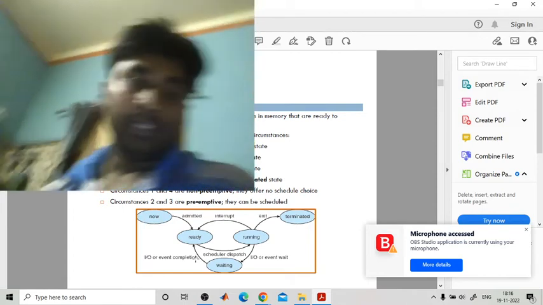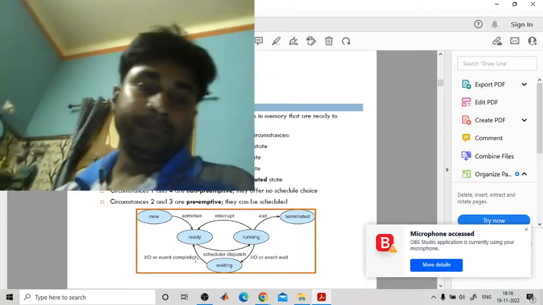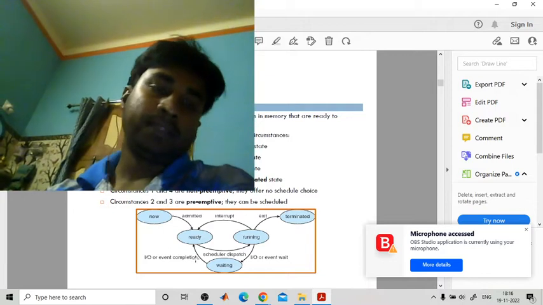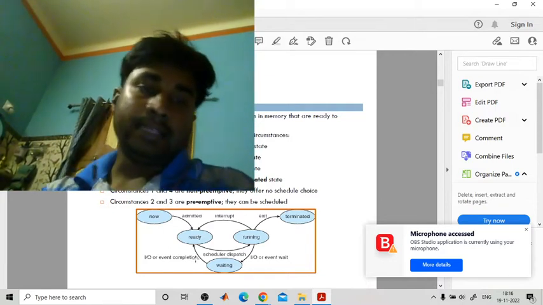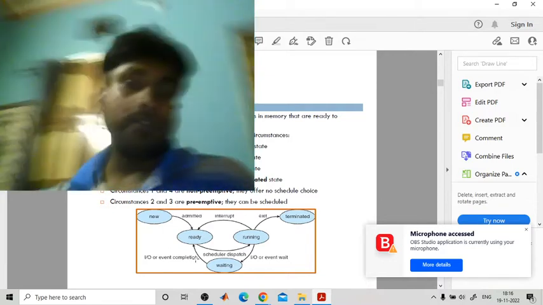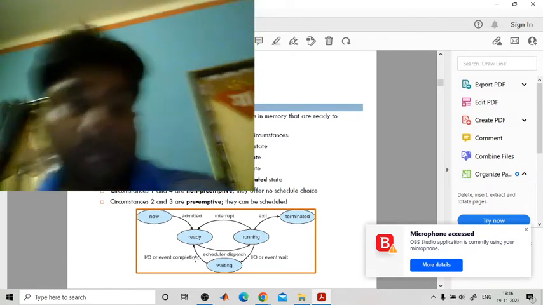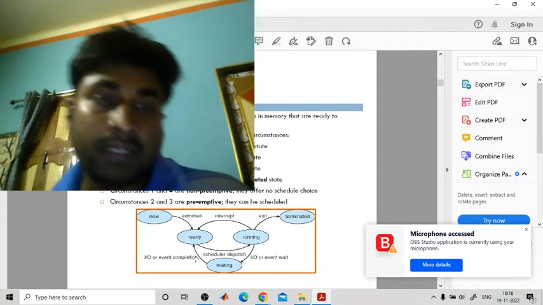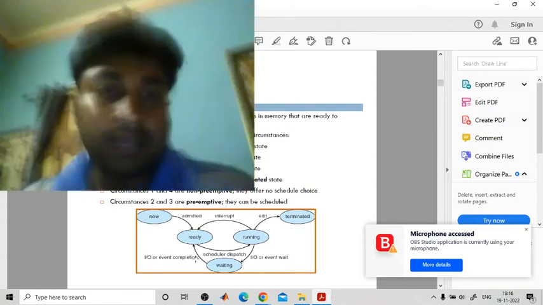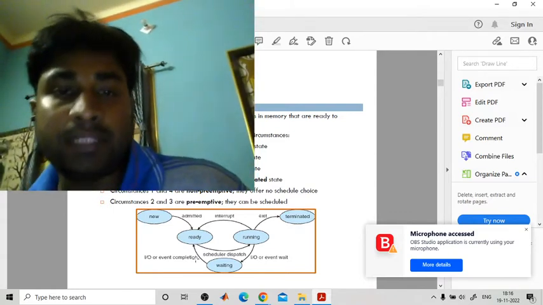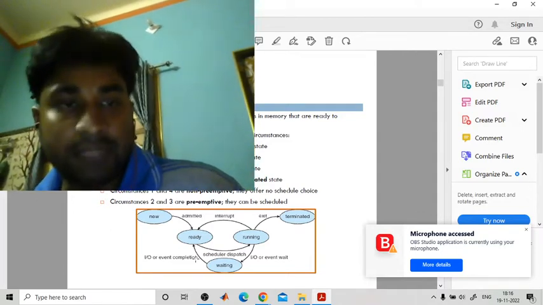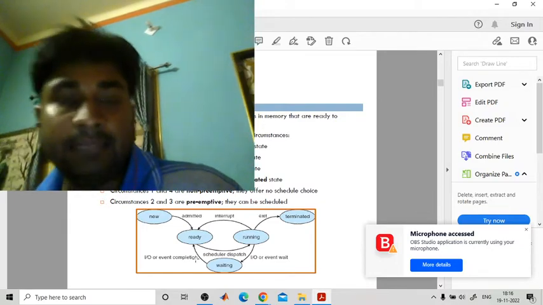I am going to the part of the CPU scheduler. The CPU scheduler is also called the short term scheduler, and there is another scheduler, the long term scheduler, which is called the job scheduler. What is the purpose of the CPU scheduler? It can select any process from the memory that is ready to be executed and allocate it to the CPU.